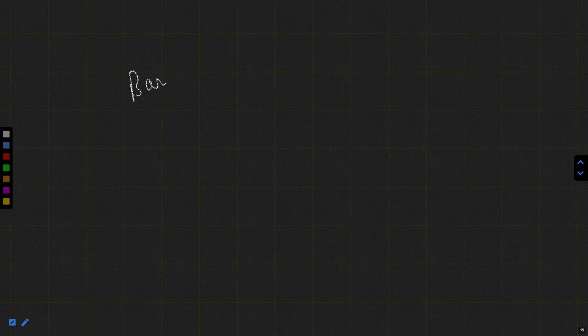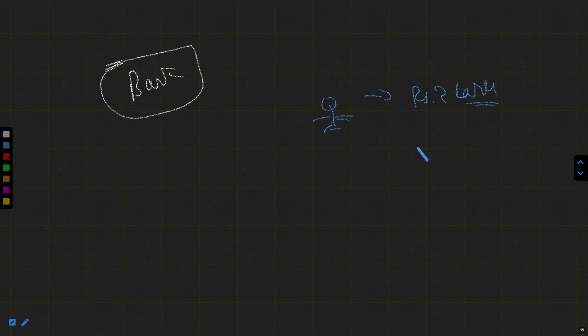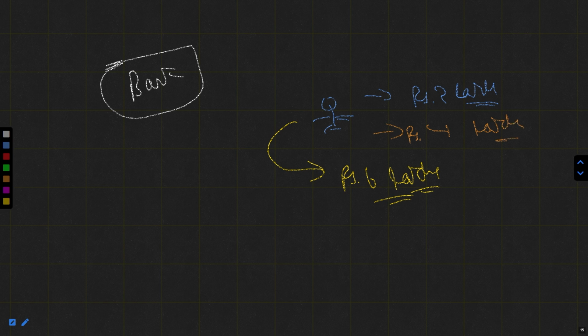let me show you again. This is the bank. Now this is the person. This person only has rupees 2 lakhs, but the need is rupees 6 lakhs. So if we look at this picture, this person requires rupees 4 lakhs as a loan.